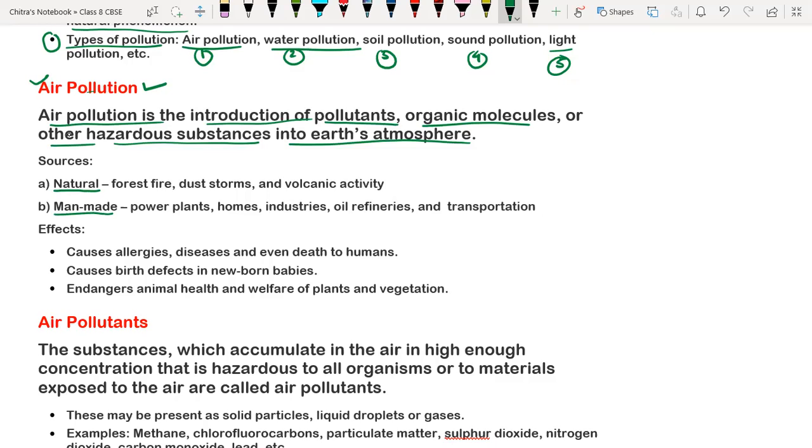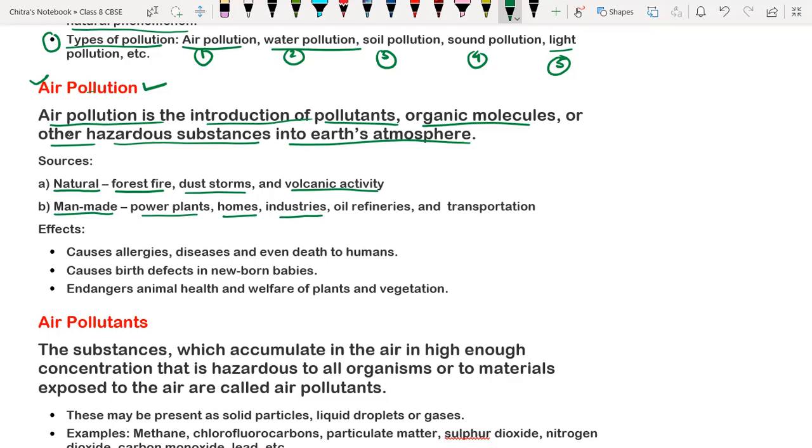In natural pollution, the natural factors that cause air pollution are forest fires, dust storms, volcanic activities, volcano eruptions, etc. What are the man-made sources of air pollution? We have power plants, homes where firewood is burned and releases harmful gases into the atmosphere.